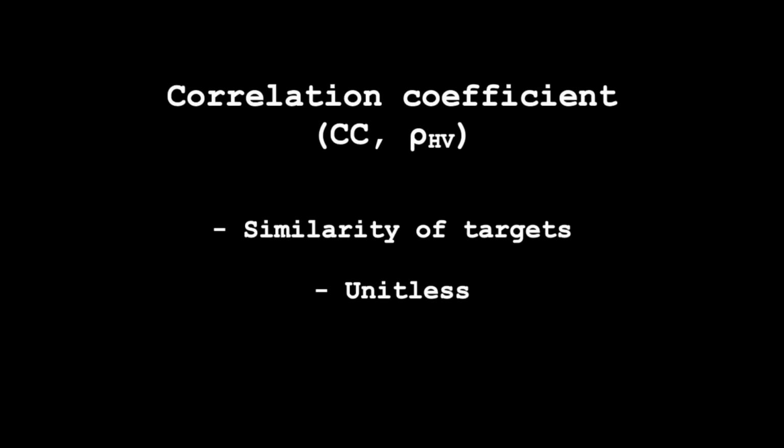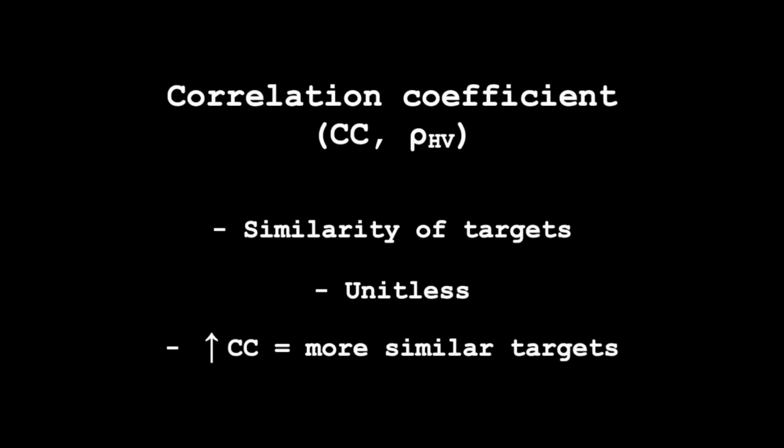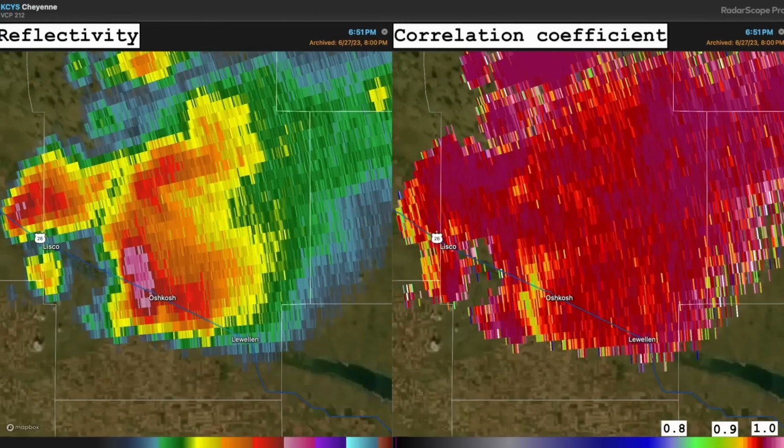If targets have similar shapes and sizes, the correlation coefficient will be close to 1, but if their shapes and sizes are quite varied, correlation coefficient will decrease. For example, if a storm or a portion of a storm consists of only raindrops, the associated correlation coefficient will be near 1, as all the targets are quite similar to one another.